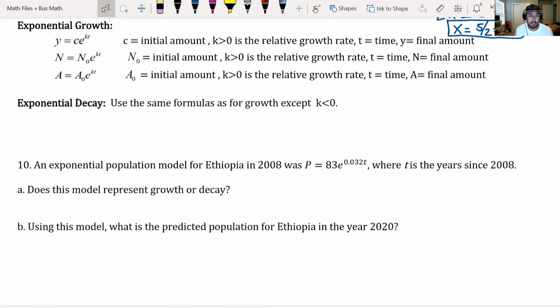It says an exponential population model for Ethiopia in 2008 was 83 times e to the 0.032 t, where t is the years since 2008. Does this model represent growth or decay? Well, look at the k value.